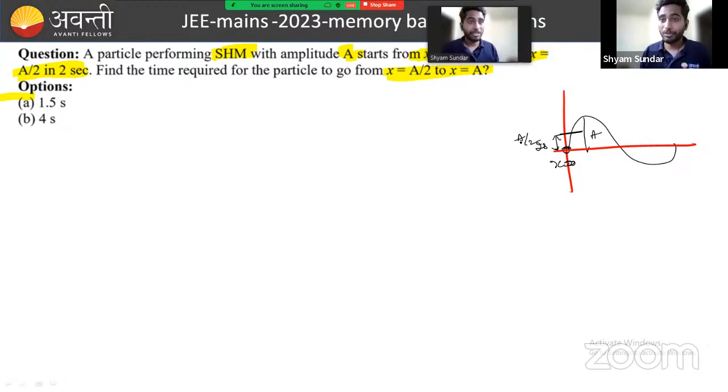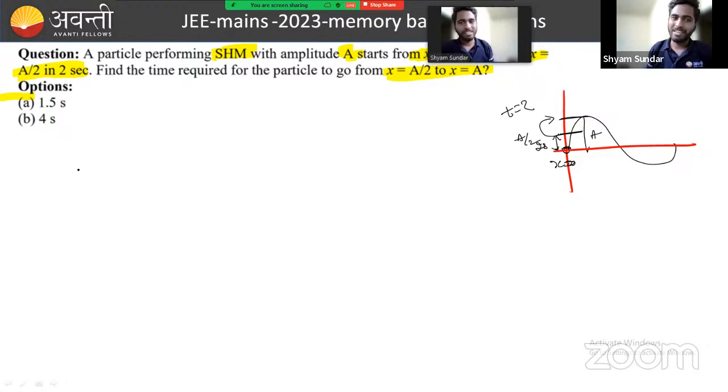Then we need to calculate when it will reach the maximum amplitude, meaning from A by 2 to A. How much time it takes for this journey, we need to calculate. Like this, you first imagine the wave and then calculate the answer.